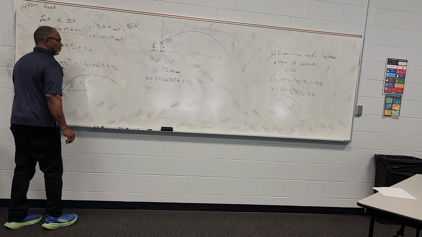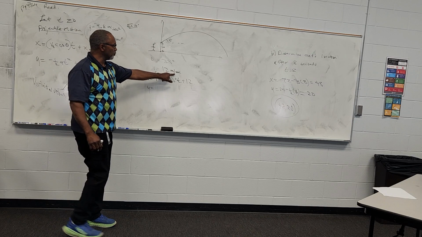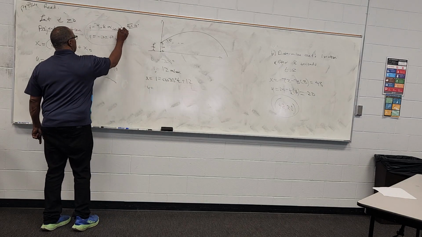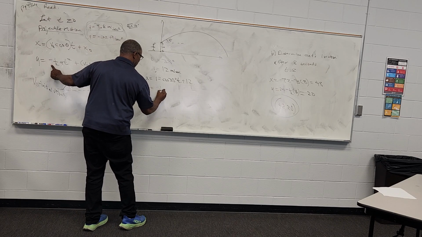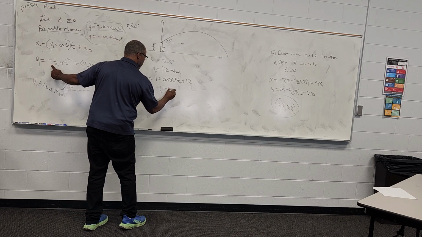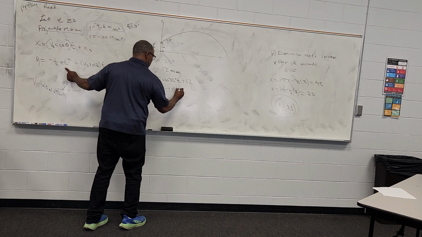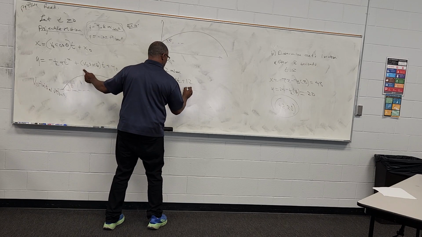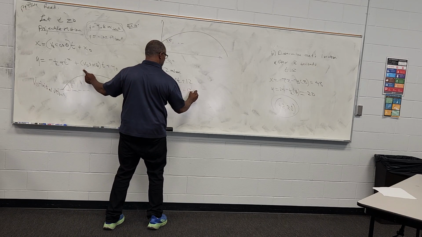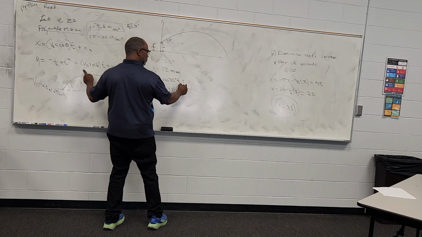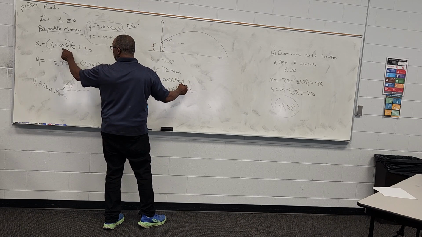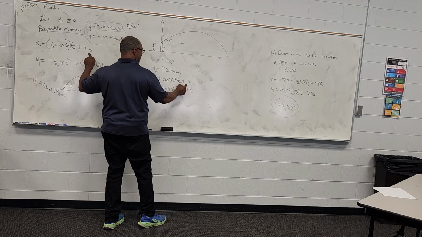Those are the two values for G. But since they're talking meters per second, I'm going to use this negative 9.8 meters per second squared. So negative 1/2, negative 9.8, T squared, plus V0 cosine T plus X0.